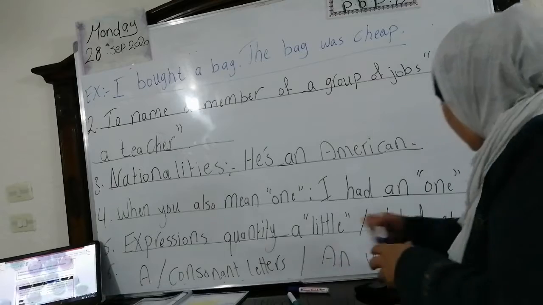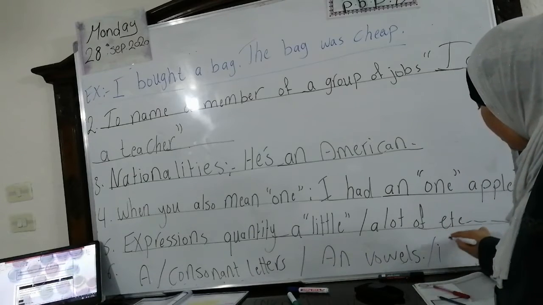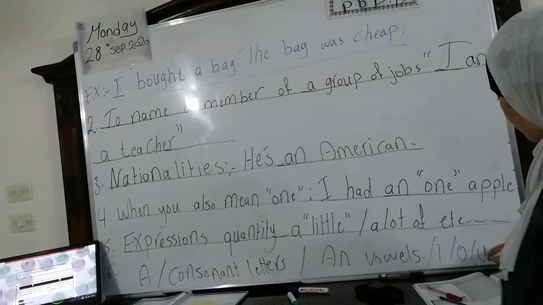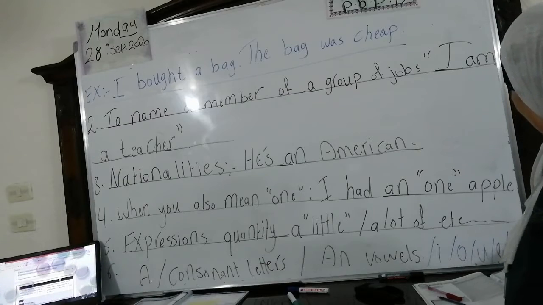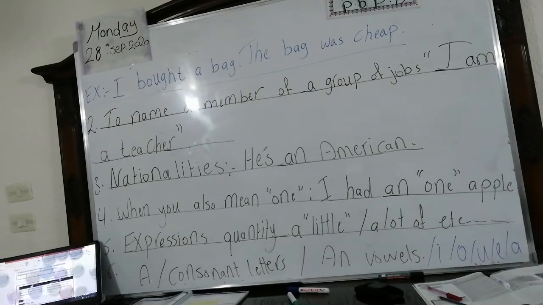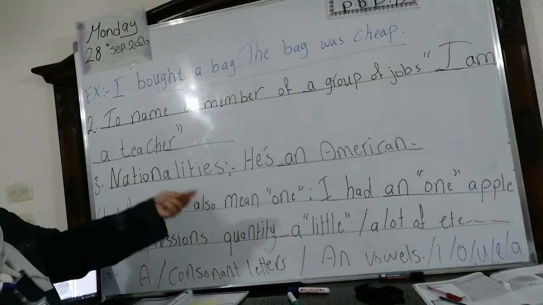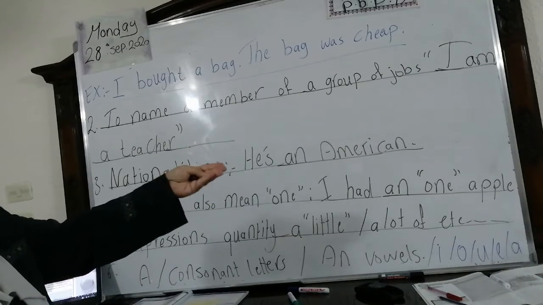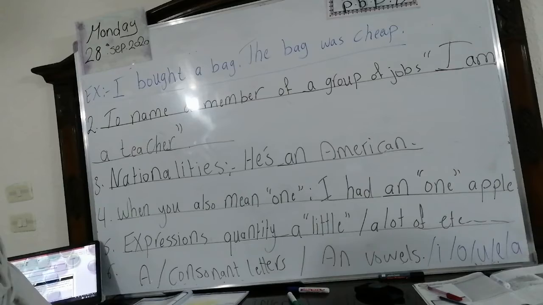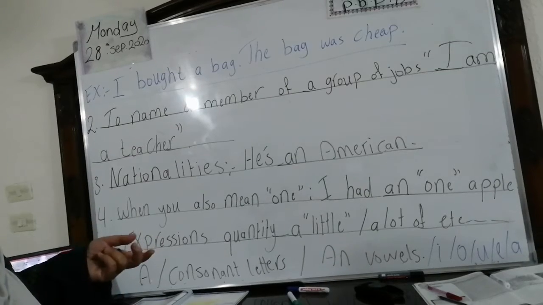I'm going to write them down: I, O, U, E, and A. These are the vowels. Now, a goes with the nouns that start with consonant letters, while an goes with the words that start with the vowels. Okay, let's move to the next one.